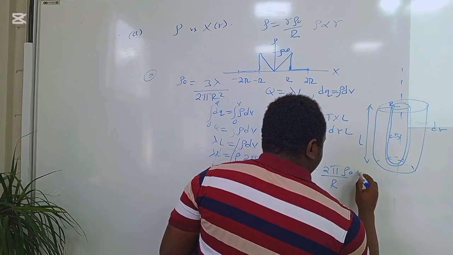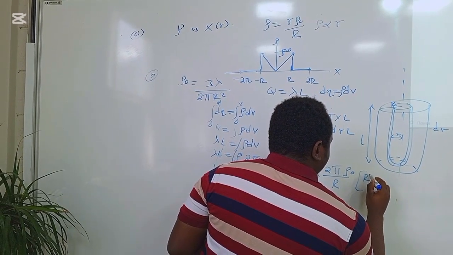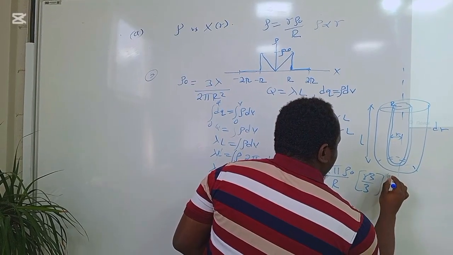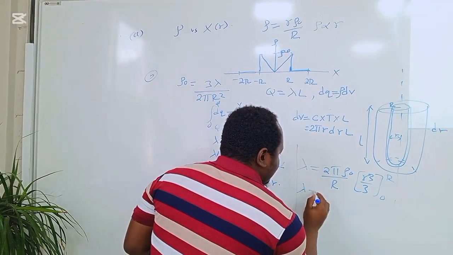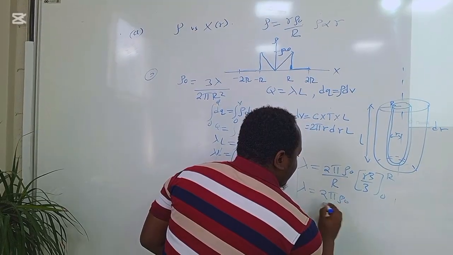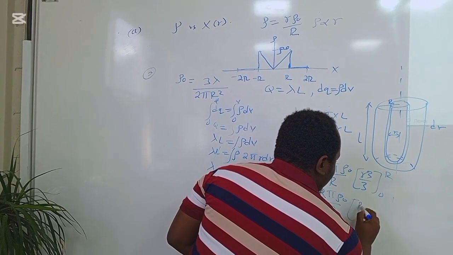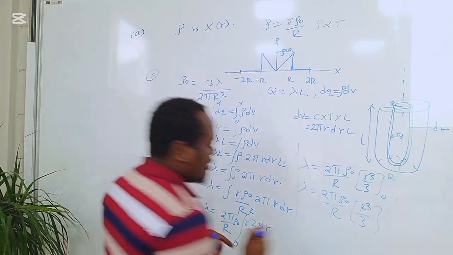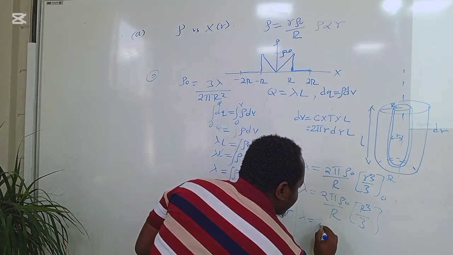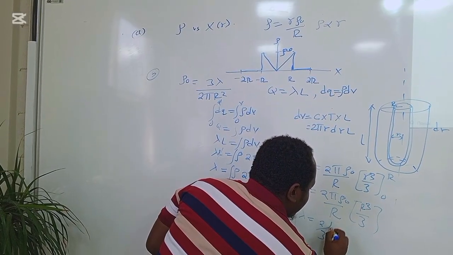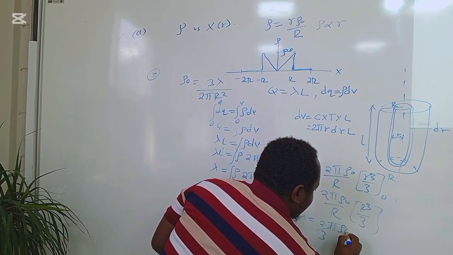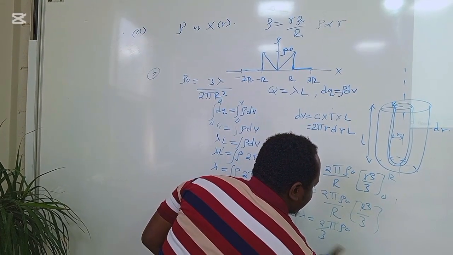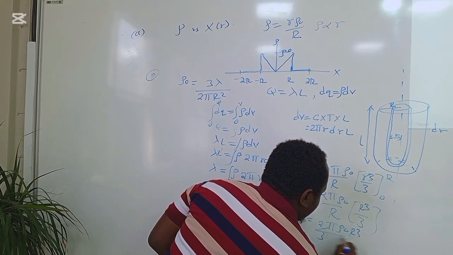Upon integration, we'll get r cubed divided by 3 from 0 to R. So lambda is equal to 2 pi rho naught over R, here it will be R cubed divided by 3. Okay, then lambda is equal to 2 over 3 pi rho naught R squared.